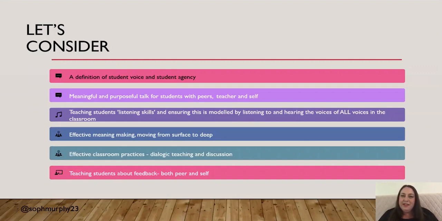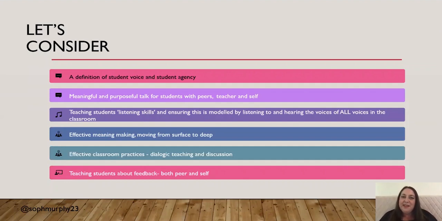And I really want us to consider how we propose and how we seek and find and attain meaningful and purposeful talk for our students, how our students can speak to their peers and with each other, and how you as a teacher in a classroom can use your teacher voice and use your teacher talk to effectively have dialogue and discourse with students.